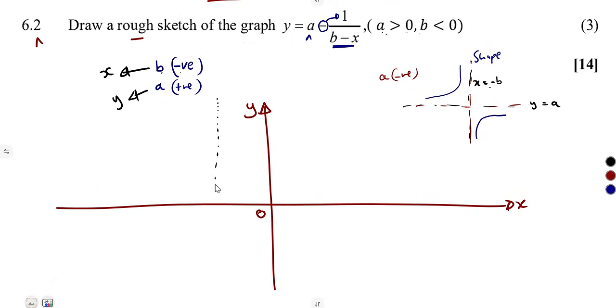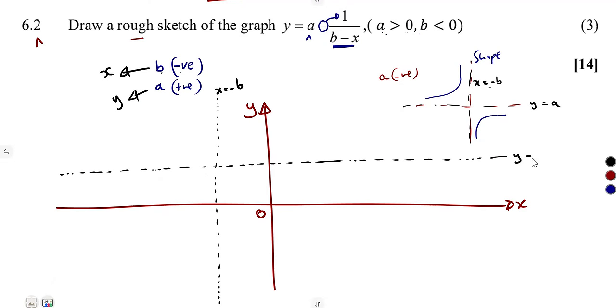That's an asymptote on the negative side. Y is equal to a. Remember, y is positive, so it's above the x-axis. So this is our line for y is equal to a above what? Above the x-axis. To show that it's positive, it is supposed to be above the x-axis.